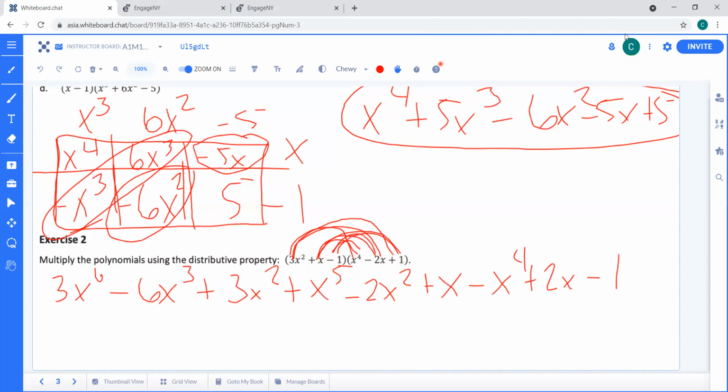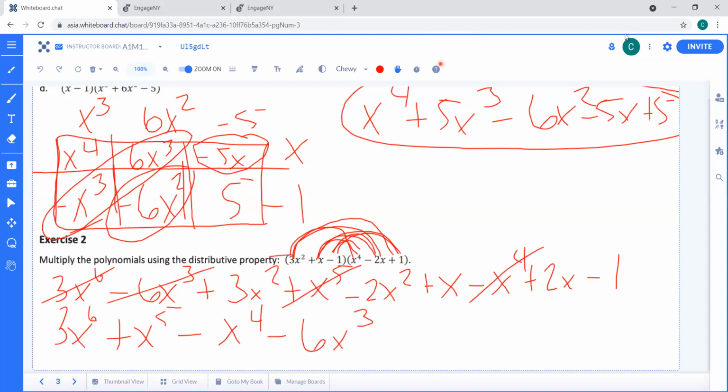Now combine all these like terms. Well, I don't have as many as I thought. 3x to the sixth. Next one, you want to go in descending order. So the next one's the fifth, so plus x to the fifth. Now you got x to the fourth. Next one. Now, negative 6x to the third.